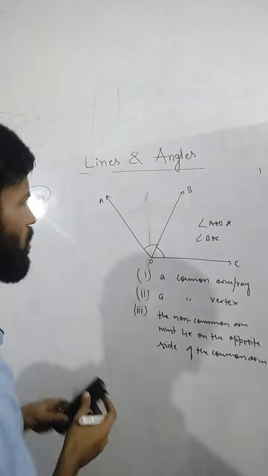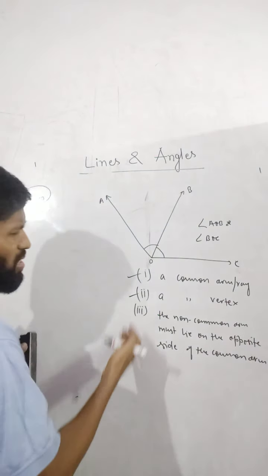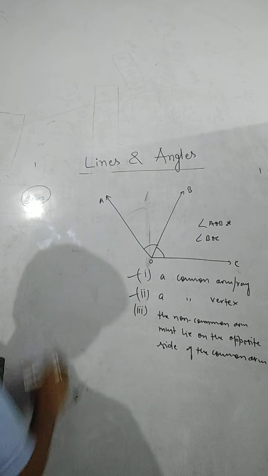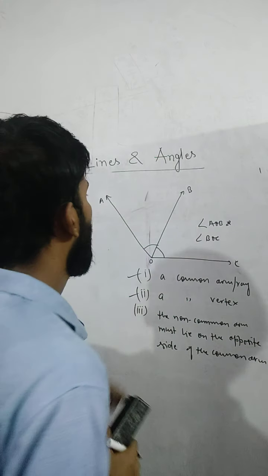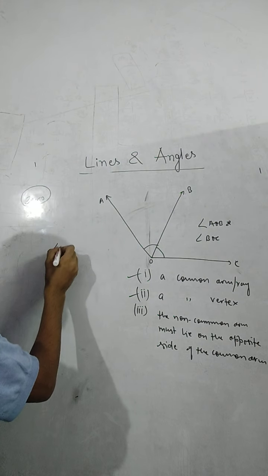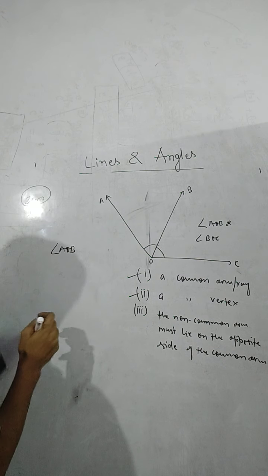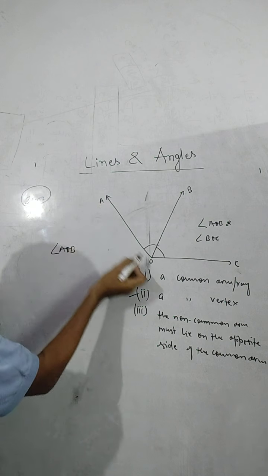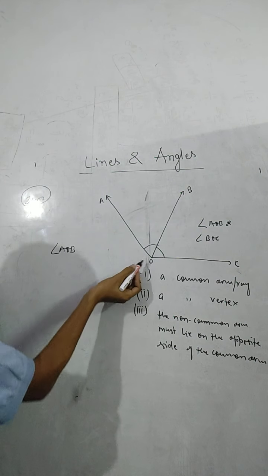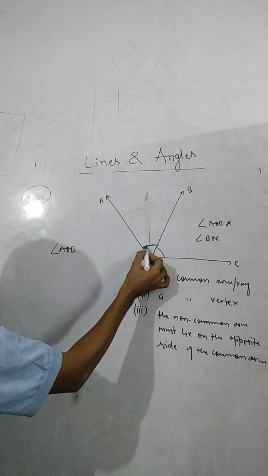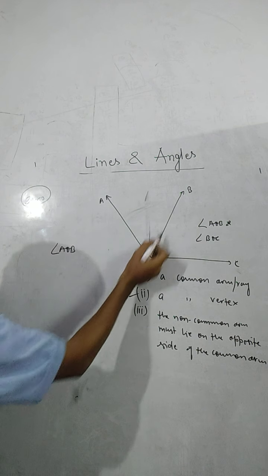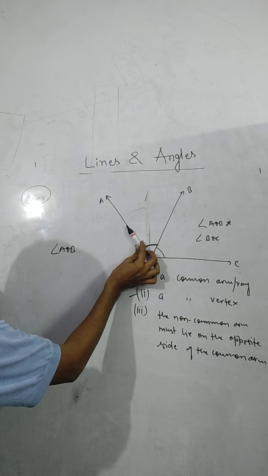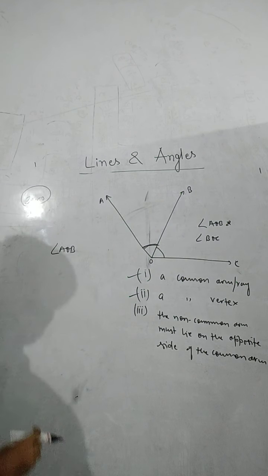Understand this very carefully. It's simple up to the second term. I guess the whole concept is simple, however, since this is the very first time, pay attention. If I split angle AOB into the rays it is formed by, angle AOB is formed by two rays, ray OA and ray OB, right?